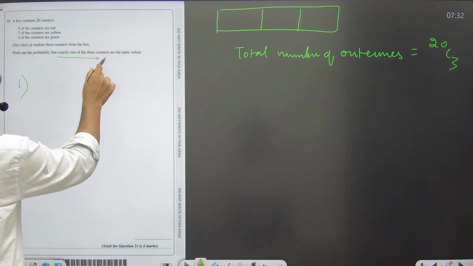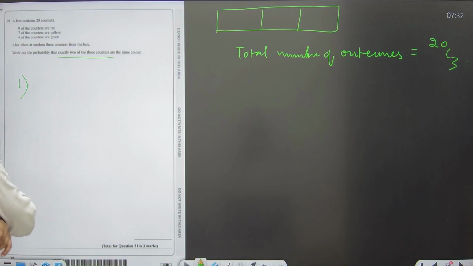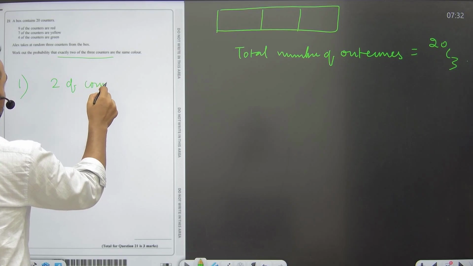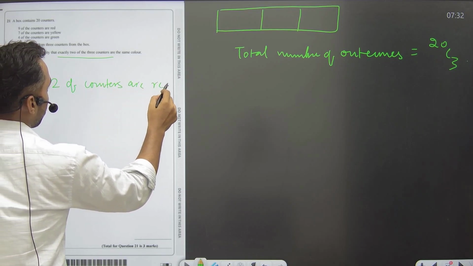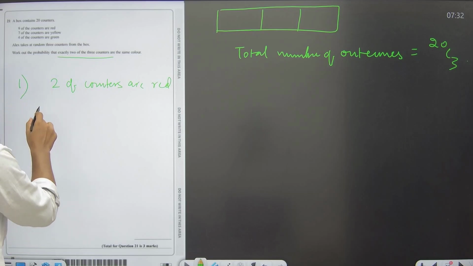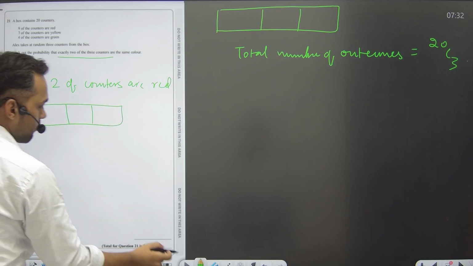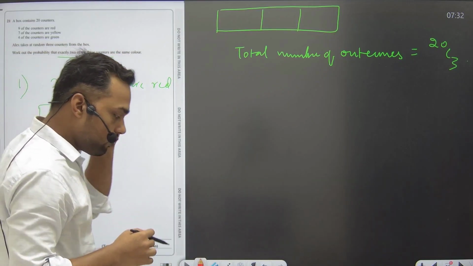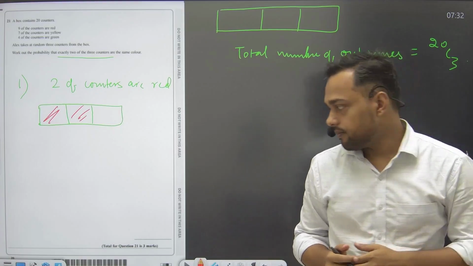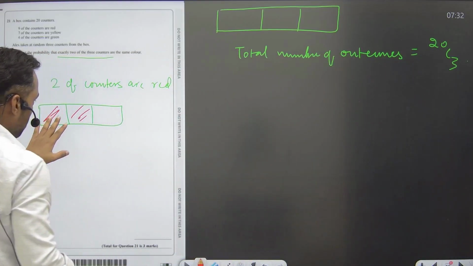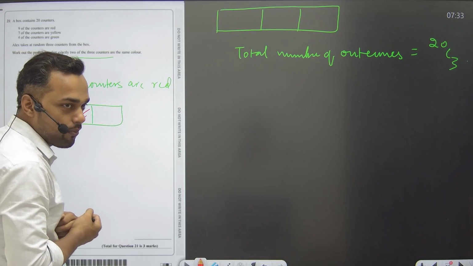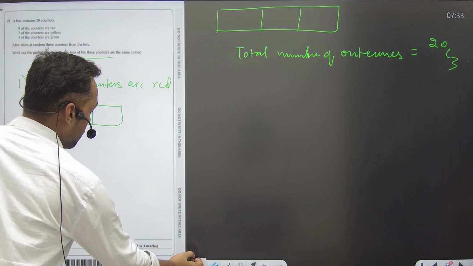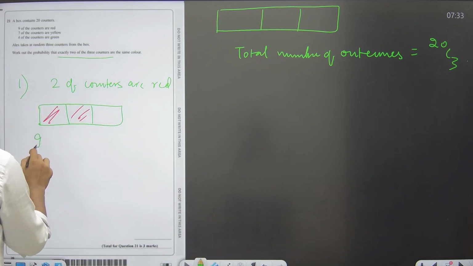Now the first part is that 9 of the counters are red. In the question they have asked that exactly 2 of the 3 counters are of the same color. If 2 of the counters are red, then how will we fill the boxes? 2 boxes should be of red color. Filling 2 boxes out of the 3 boxes from 9 red counters, we get it by 9C2.